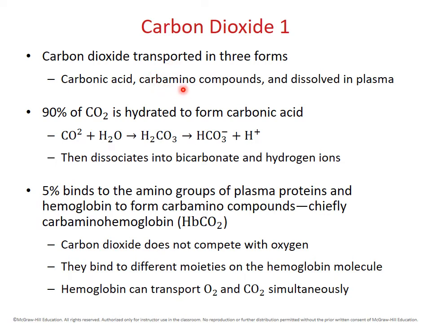Again, do not confuse this with carboxyhemoglobin. Carboxyhemoglobin is hemoglobin bound to carbon monoxide, and that's of course very dangerous because carbon monoxide competes with oxygen for the same binding site on the heme group, and hemoglobin has about 100 times greater affinity for carbon monoxide than it does for oxygen.